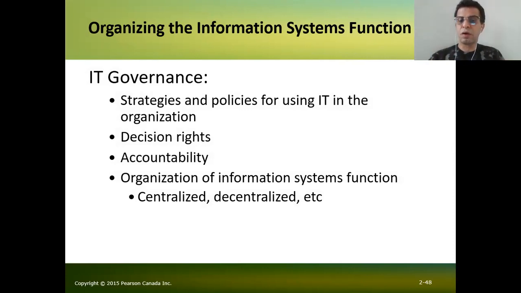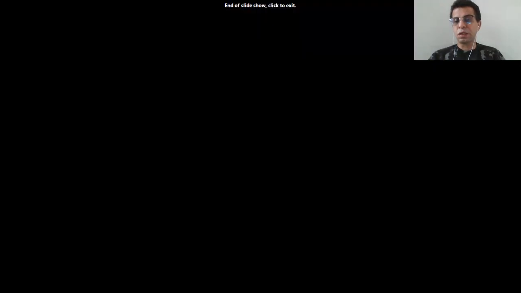So the strategy and policies for using IT should match the strategy and policies of the organization. Then decision rights, who makes the decisions, accountabilities, and the organization of the information system function, whether you want it centralized or decentralized, something like that.